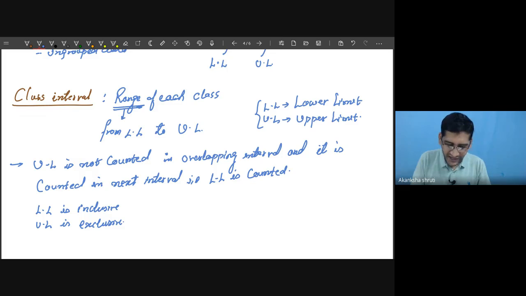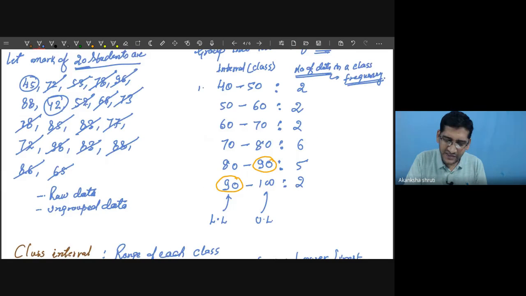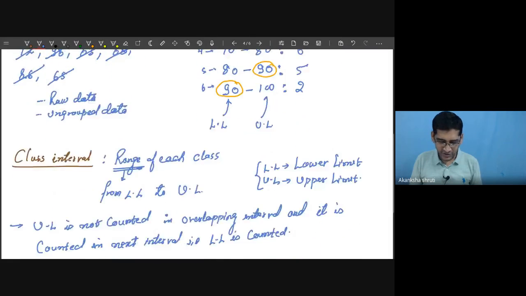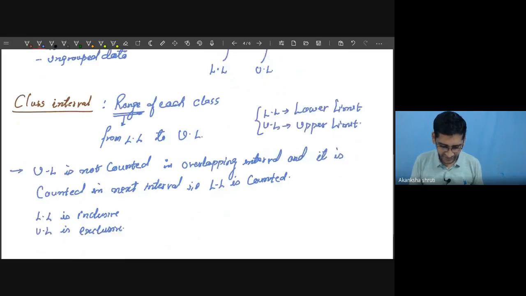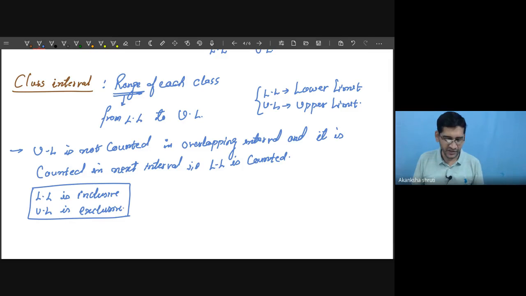So different classes have different limit values. How many classes are here? It is the first class, the second class, the third, the fourth, the fifth, and the sixth class. So in total 6 classes we have formed here. So there will be 6 upper limits and 6 lower limits. We have to keep in mind: lower limit is inclusive and upper limit is exclusive.